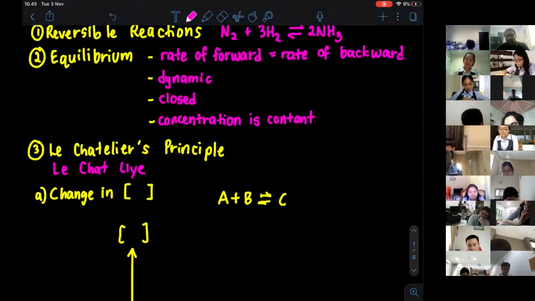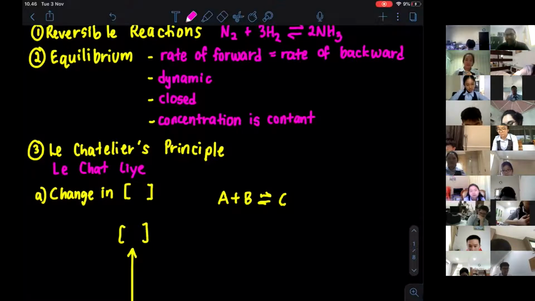So the system will change the position of the equilibrium to overcome the change. That is actually what is meant by Le Chatelier's principle. They say that when you actually do something, the system will try to eliminate the change.